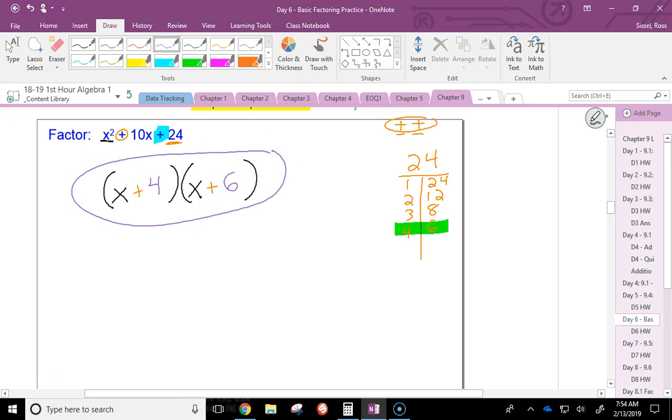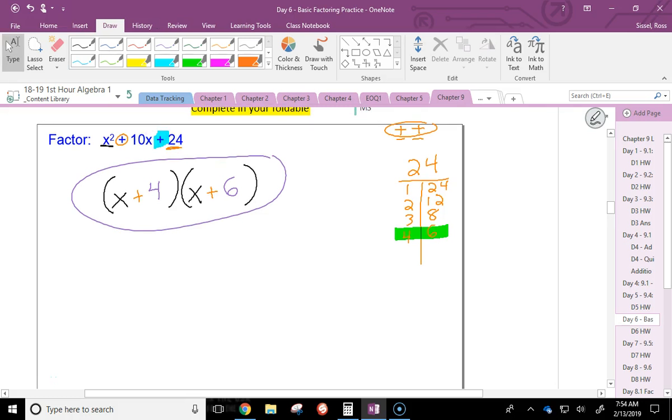And that is our answer. It's not a lot of steps, and we're going to get a couple more difficult ones. But for right now, first thing we're doing, I've seen that my a term, the x squared, I broke into x and x. Then I'm looking, is it a positive c or a negative c? It will affect what we're doing.